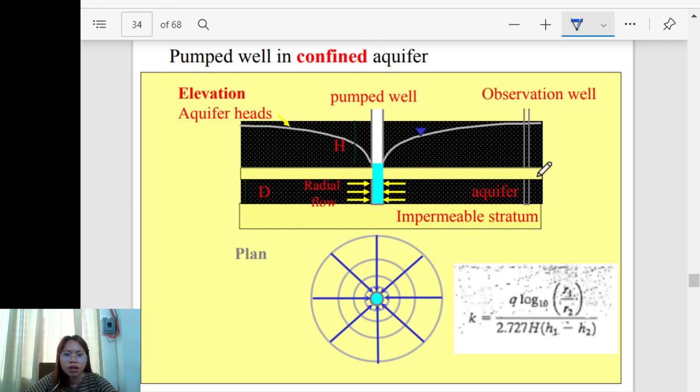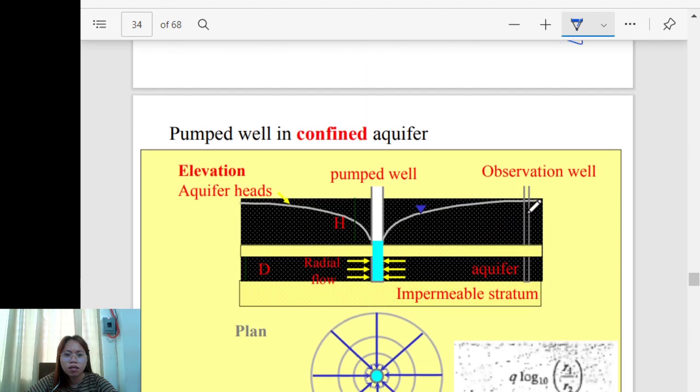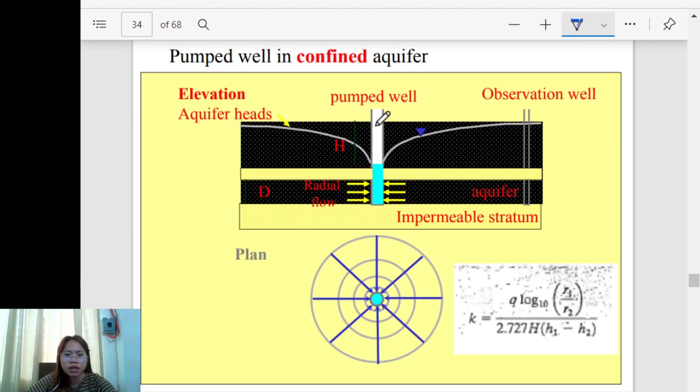A confined aquifer is an aquifer between impermeable strata or impervious layers. So if this is the situation, we have the pumping well in a confined aquifer.